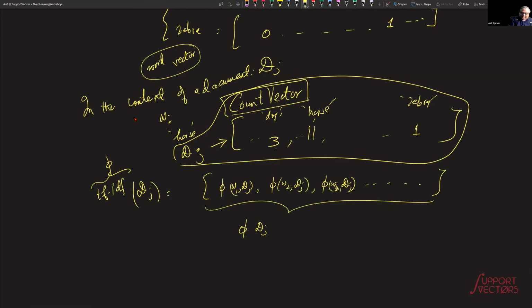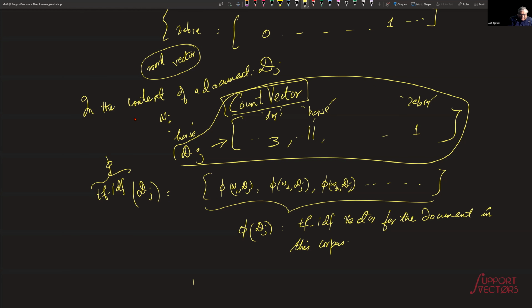Phi dj is the TF-IDF vector for the document in this corpus. Are we together? So you have managed to represent a document with a TF-IDF vector. You have managed to represent a word with a TF-IDF value. A word has a TF-IDF value, isn't it?